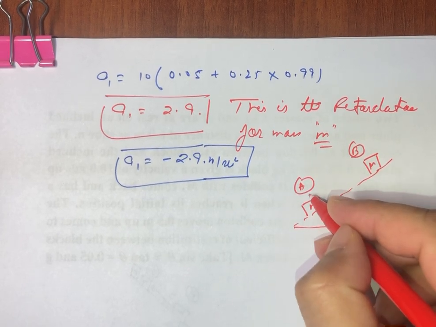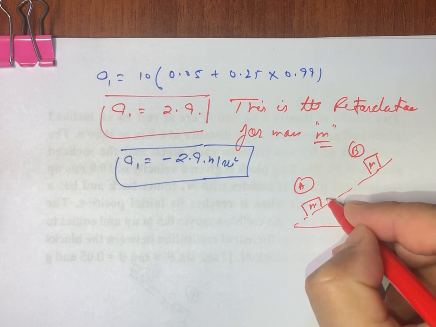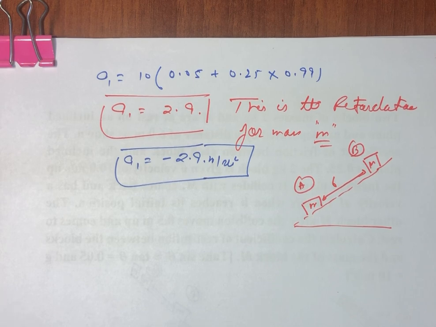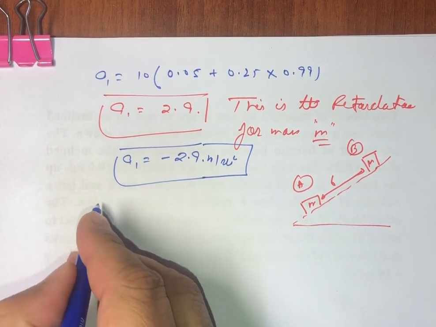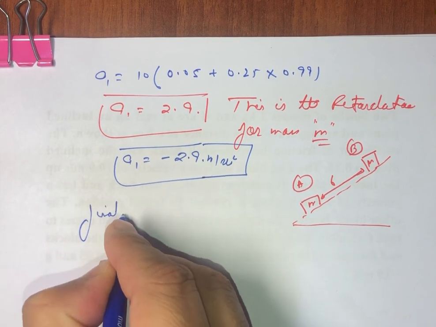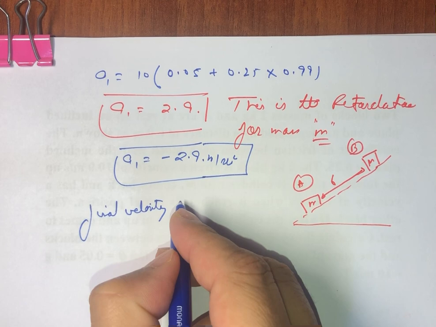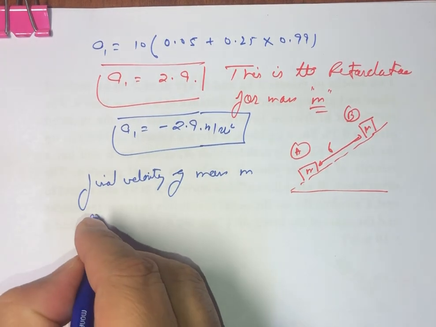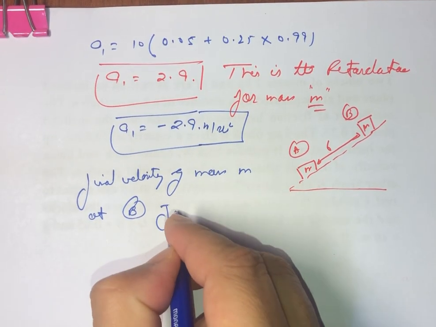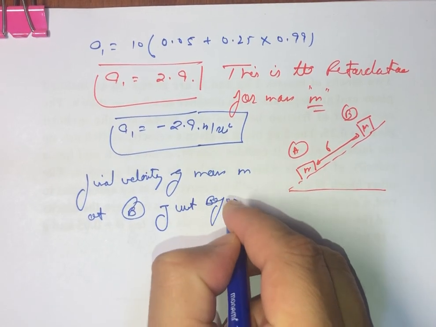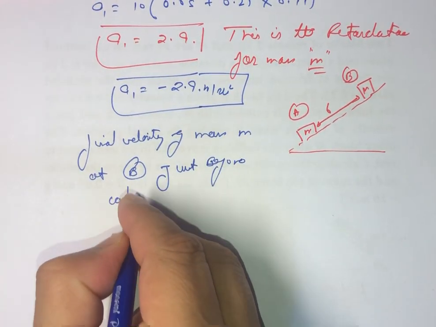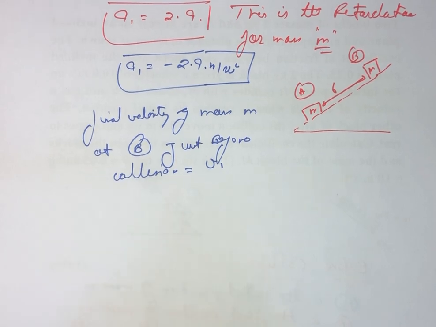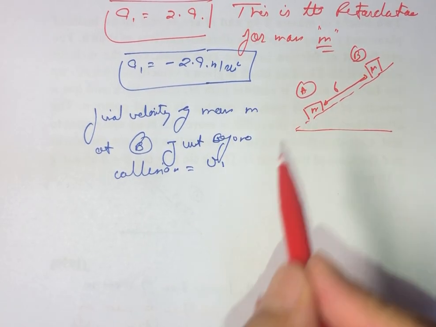The final velocity of mass m at position B just before collision is supposed to be v1, and the initial velocity is already given to us, that is 10 meters per second.